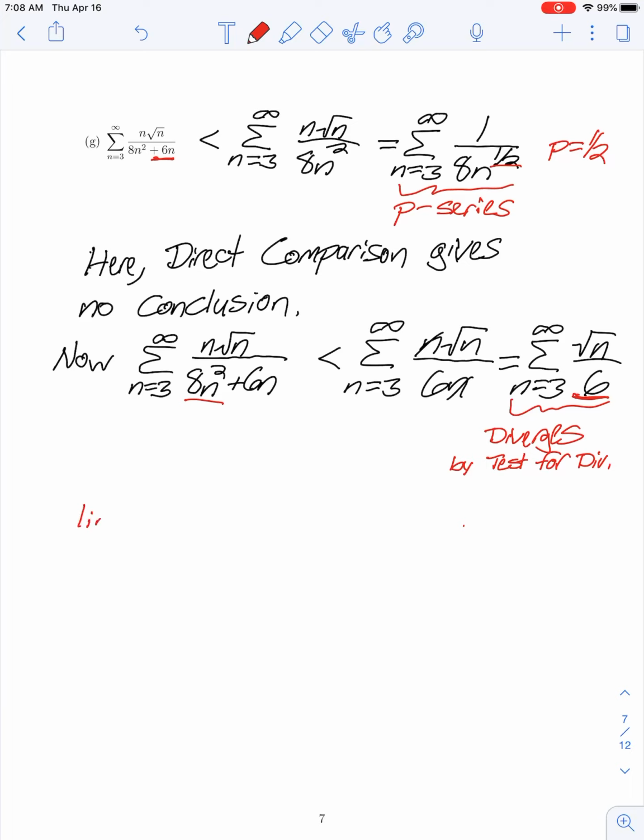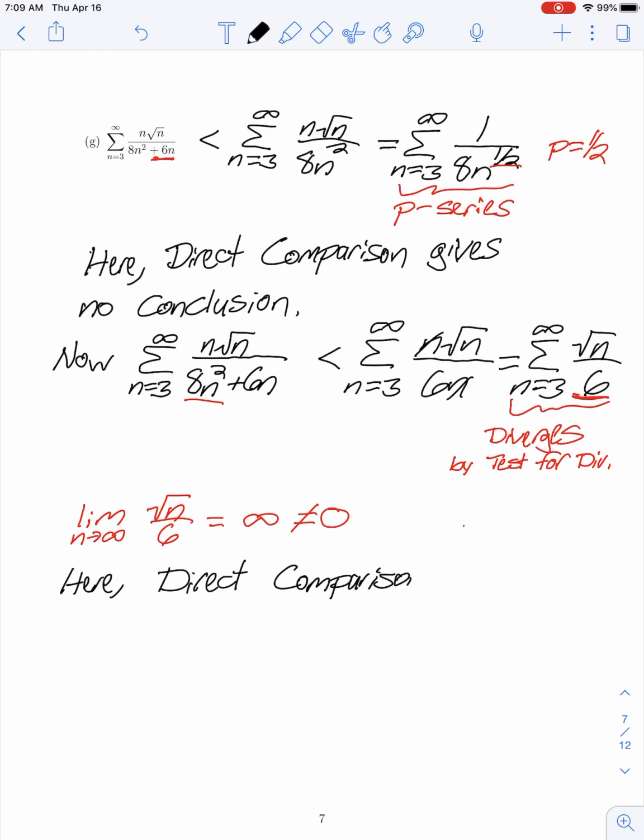Remember that test said if you take the limit of your general term as n approaches infinity and you get anything other than 0, then that series diverges. So again, if the larger series diverges, we can't make any conclusion about our smaller series. So even with this other comparison, our direct comparison gives no result.